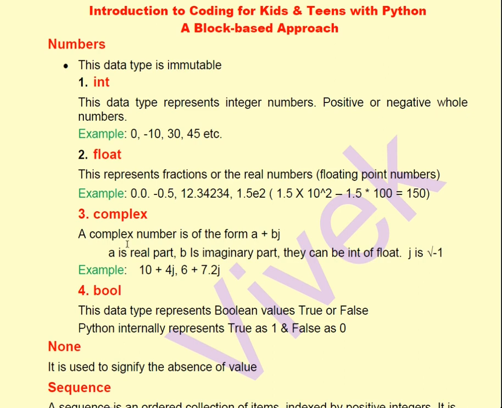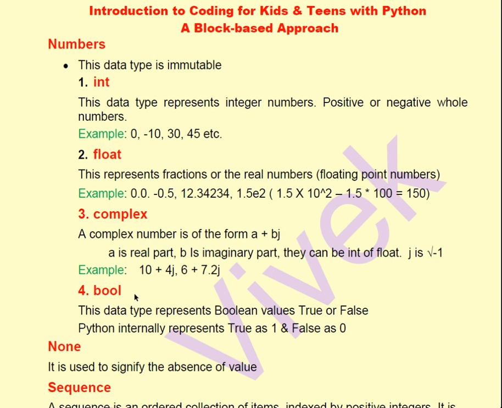So a and b, that is the real part and the imaginary part, can be either integer values, that is int, or real values, that is float. j is the square root of -1. j squared is equal to -1. Example: 10 plus 4j, this is a complex number. 6 plus 7.2j, this is a complex number.